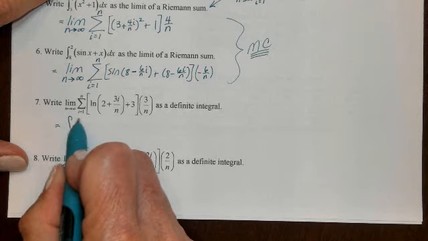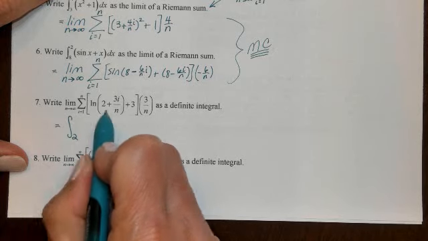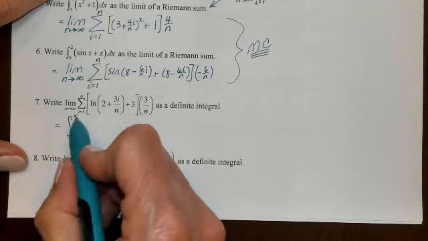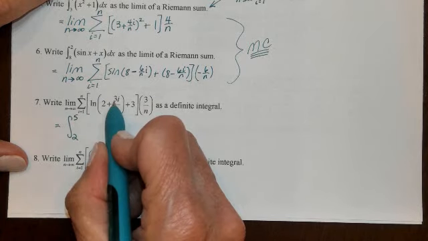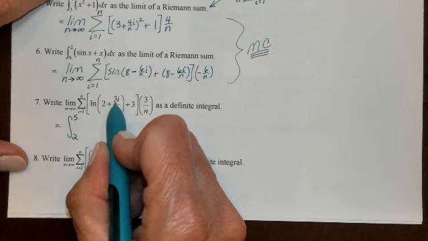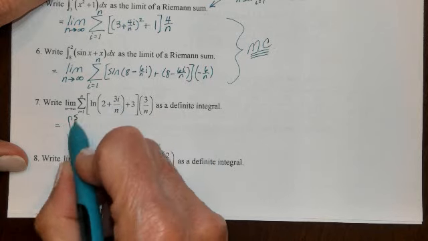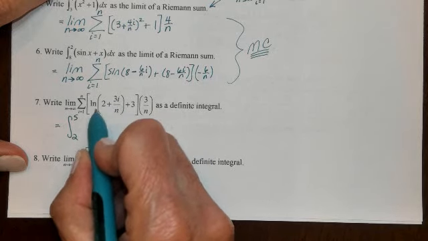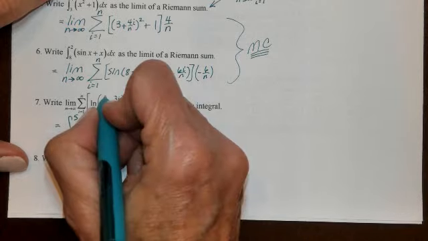Well, whatever the upper boundary is, minus 2 has got to be 3. So this one has to be 5, because 5 minus 2 is 3. Right? Okay. The other way to get that upper boundary is just to add these two together. Okay? All right. Now what is our function? Well, remember, this is x.